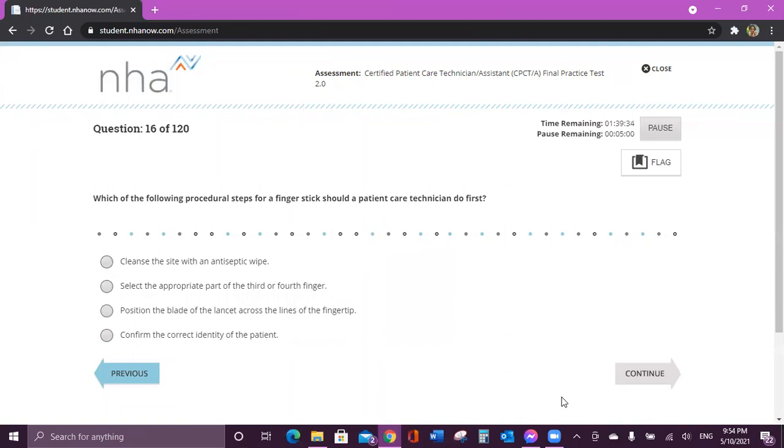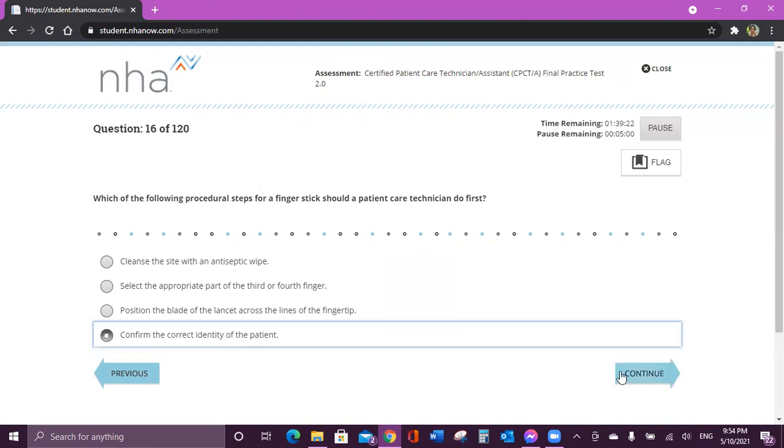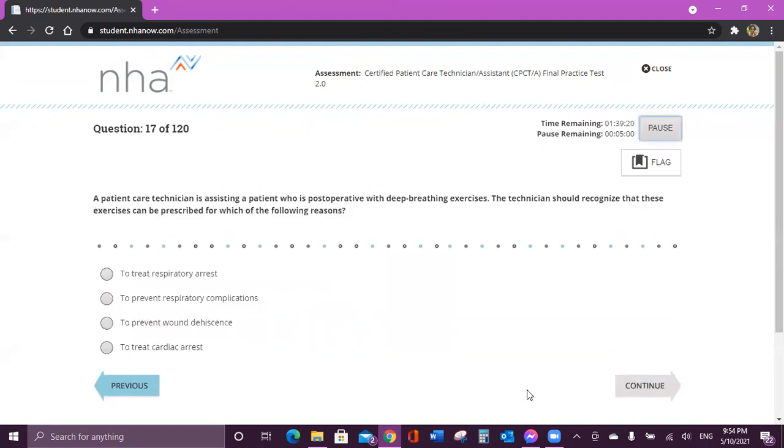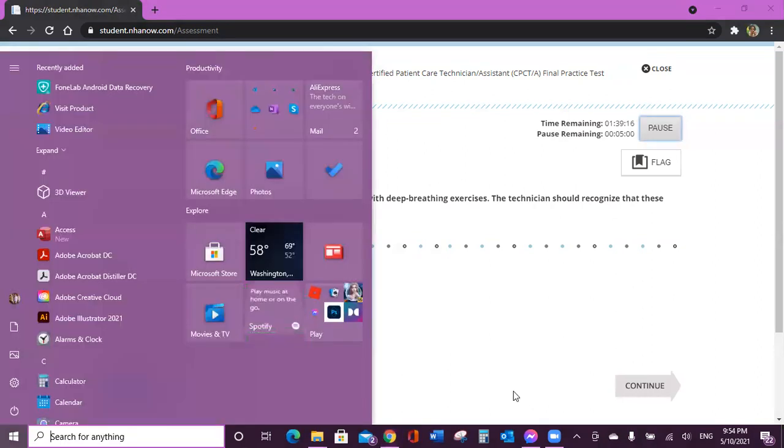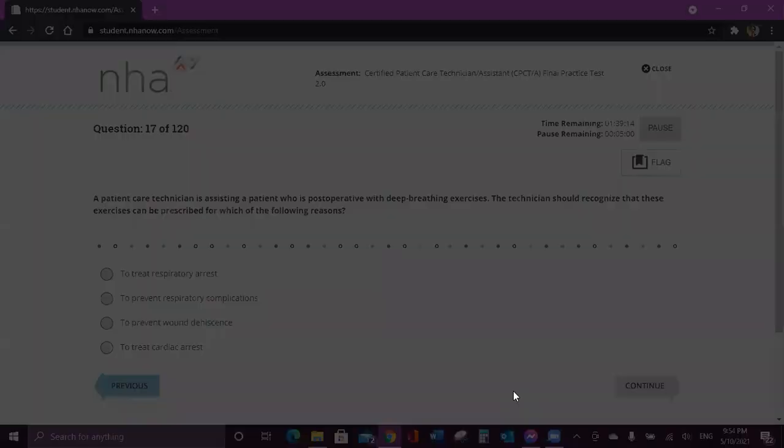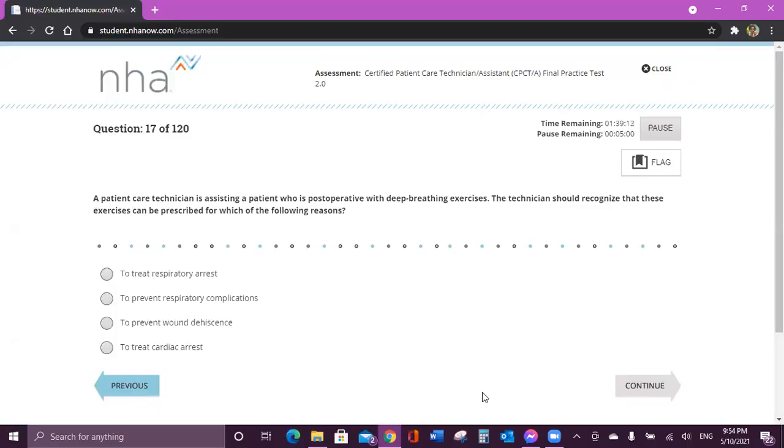Position the blade of the lancet across the line of the finger. Confirm the correct identification of the patient. That's the first thing, the confirmation. Then you clean the site. First you confirm what you're going to do, and then you clean it.